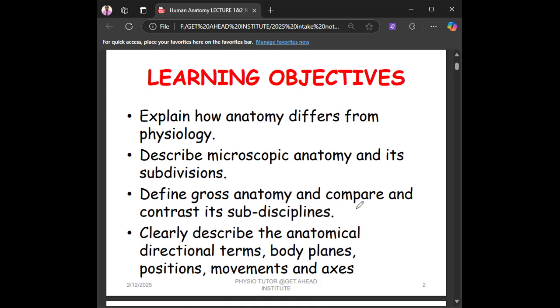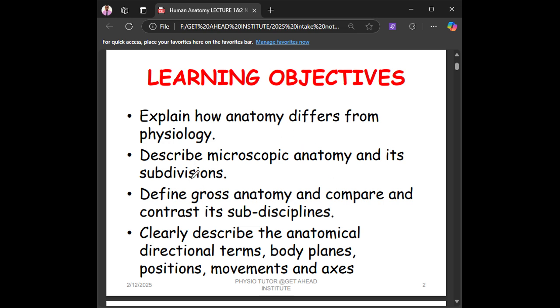So these are the objectives of this lecture. By the end of this lecture, you should be able to explain how anatomy basically differs from physiology, and also define what anatomy is.